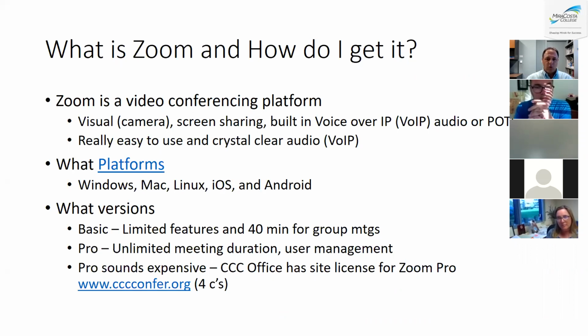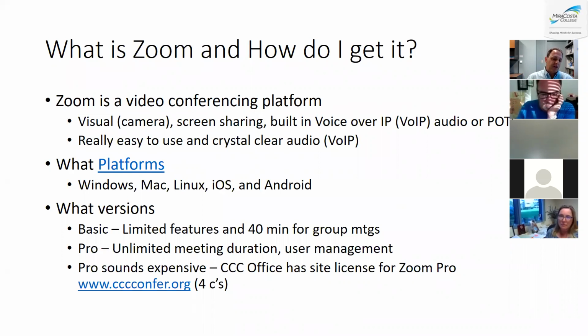One of the cool, powerful things about Zoom is all the platforms that it's enabled on: Windows, Mac, Linux, and then iOS phones and tablets, as well as Android phones and tablets. There's two different versions of Zoom. There's a basic version. It has some limited features, but the big thing is it has 40 minutes for group meeting. So what we're in now would be considered a group meeting.